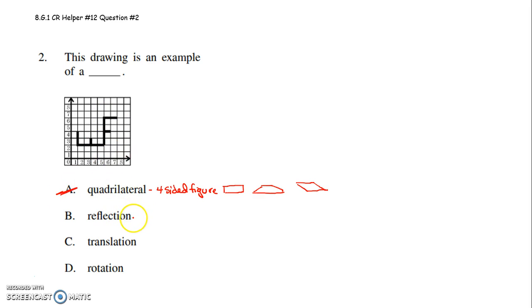What they're really testing is how do you feel about reflections, translations, and rotations. All right, so let's take a look at reflection. Reflection is a flip or a mirror image. So in terms of a reflection, you'd be given the original F, and you'd be given some sort of a line of reflection.